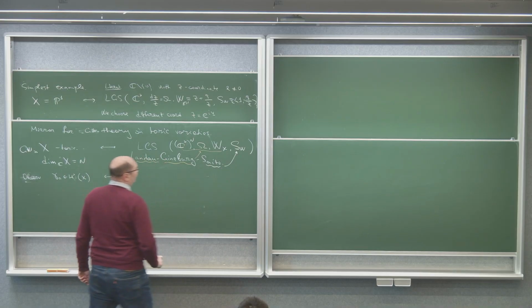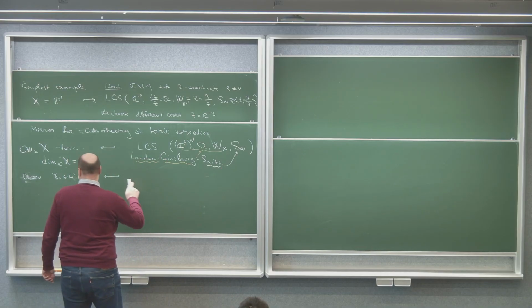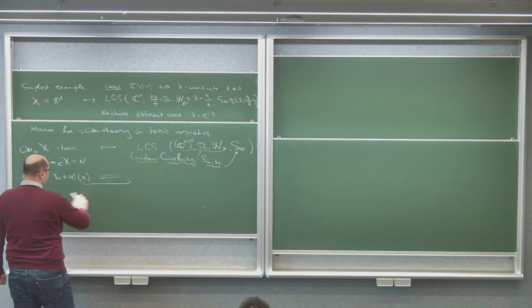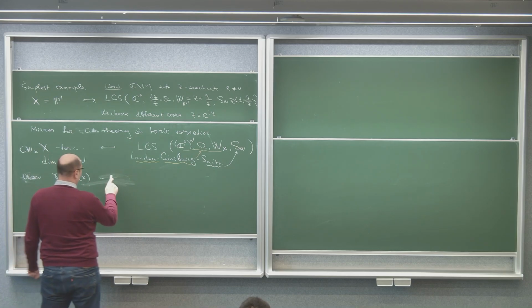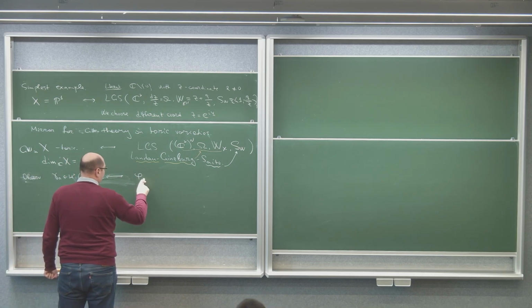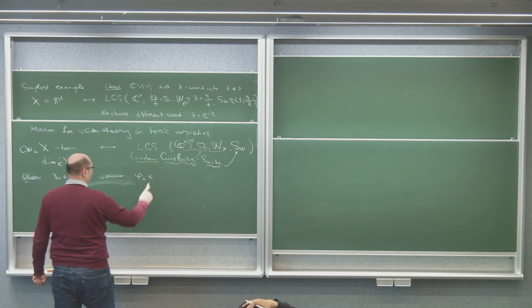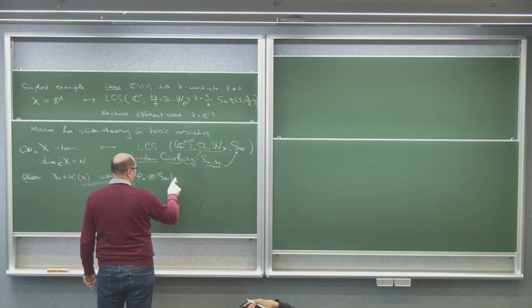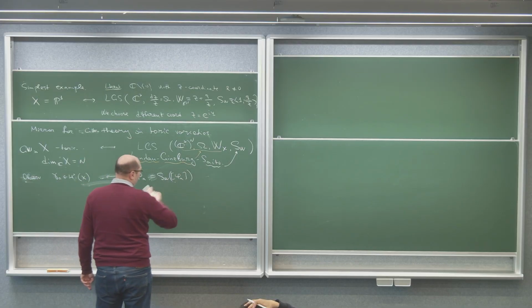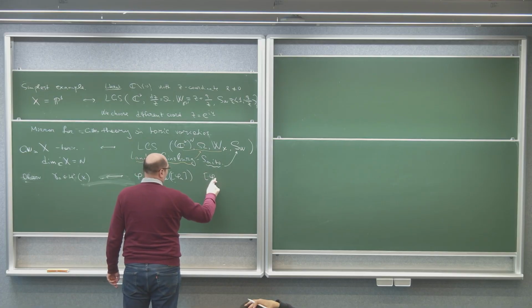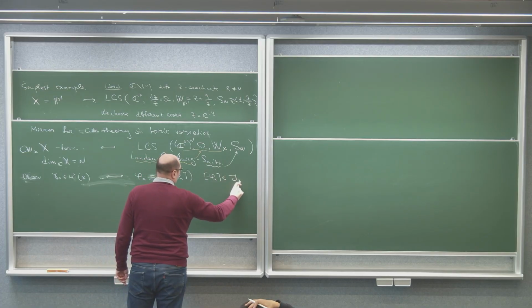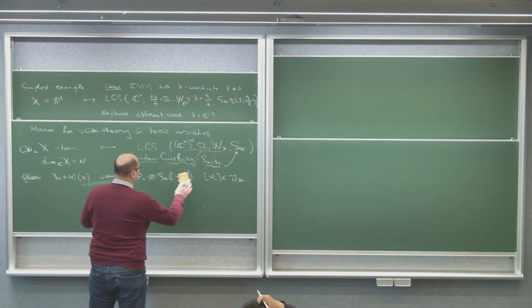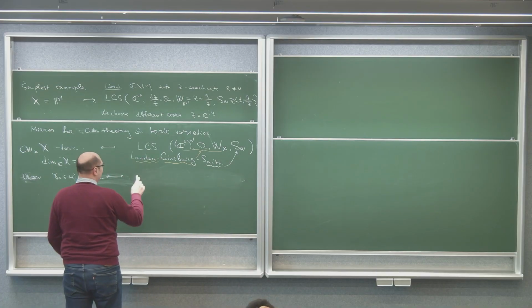So let's say cohomology classes phi A are related to classes in the Jacobian.